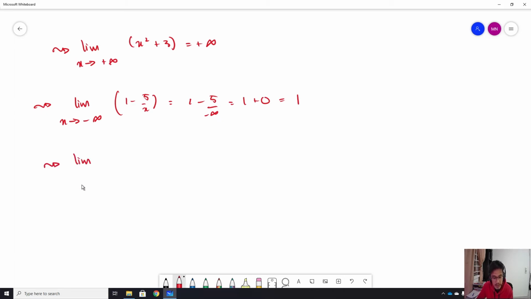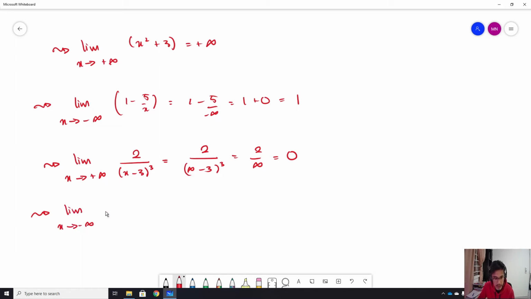So let's say limit x approaching positive infinity of 2 over x minus 3 power of 3. So sini kita ada 2 over infinity minus 3 power of 3. So akan sama dengan 2 over infinity. So it is equal to 0. And let's say limit x approaching negative infinity of 9 minus x.